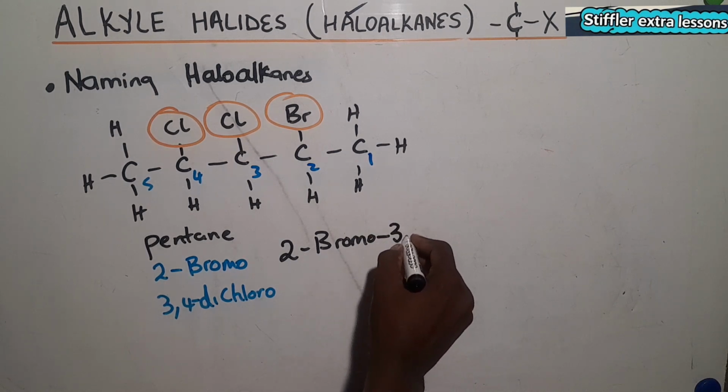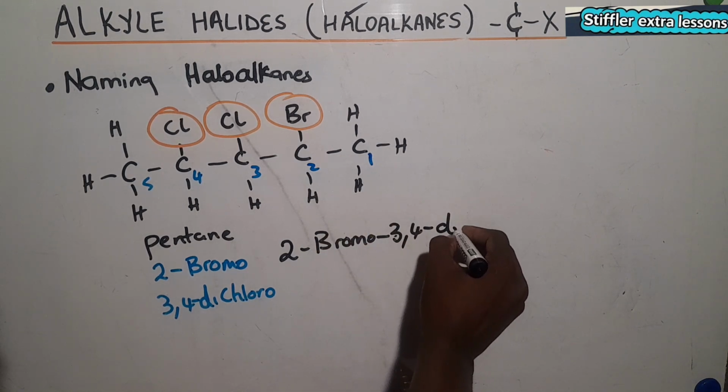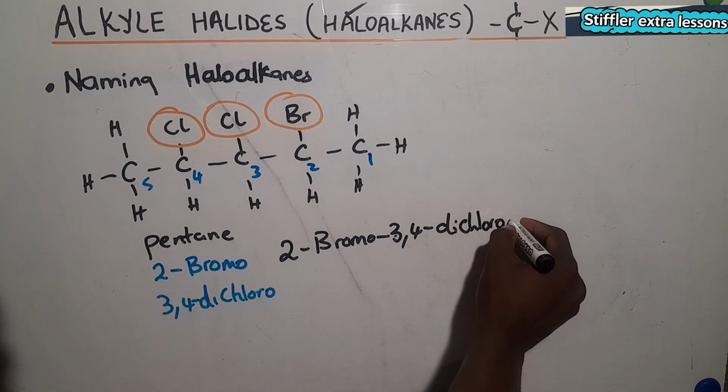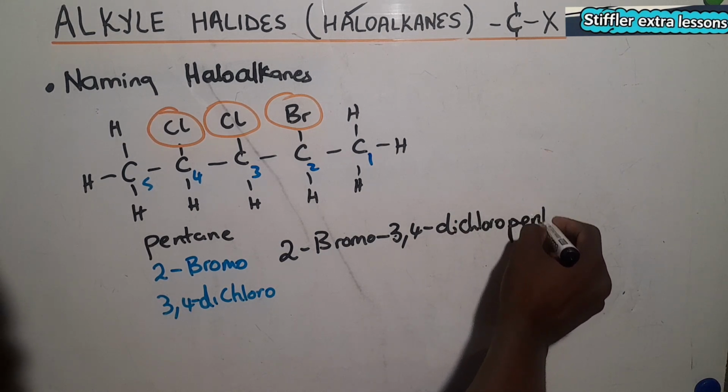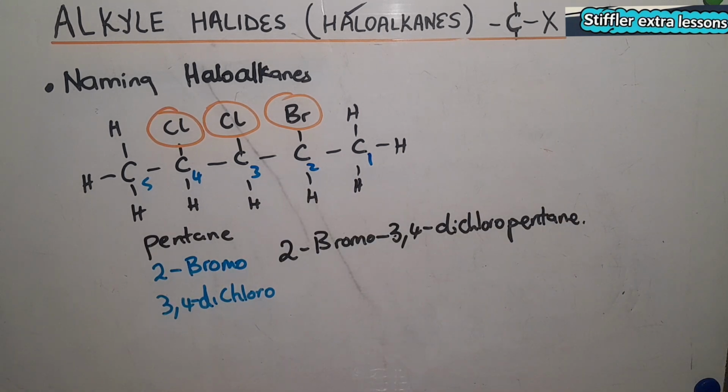So that will be 3,4, because we said between numbers we put a comma, right? And a hyphen, dichloro, and then the parent name, pentane. So this will be our name for this compound, just like that, as easy as that.